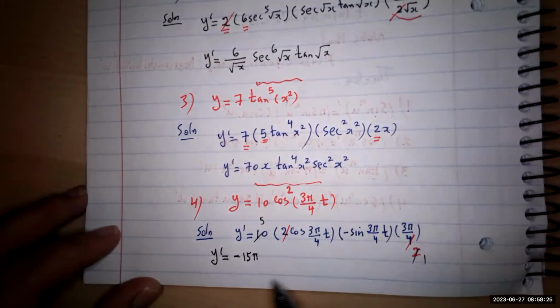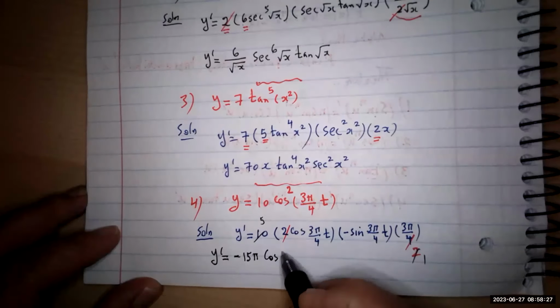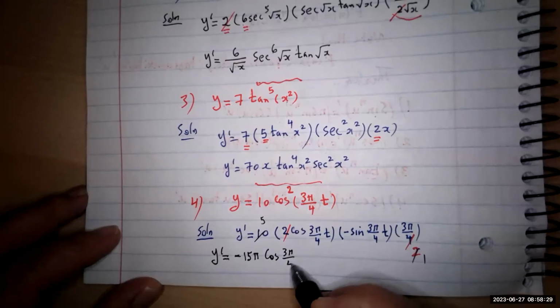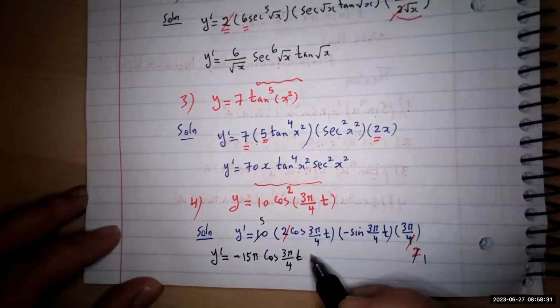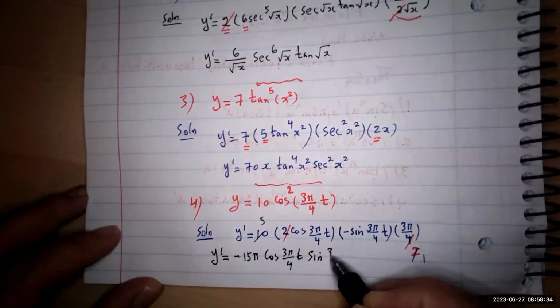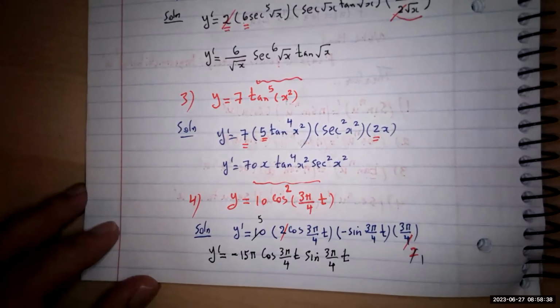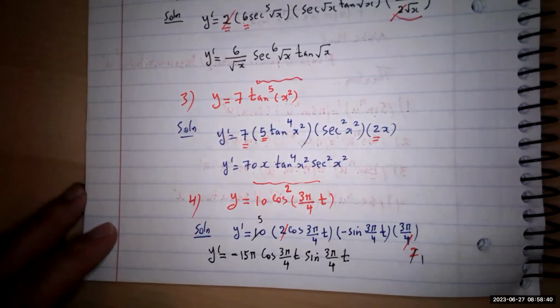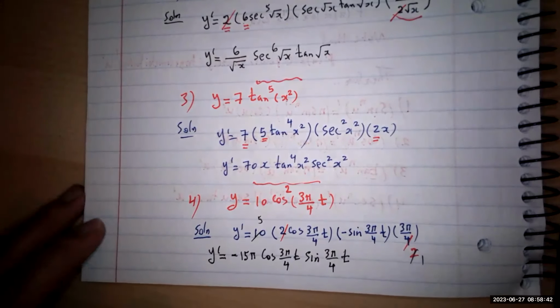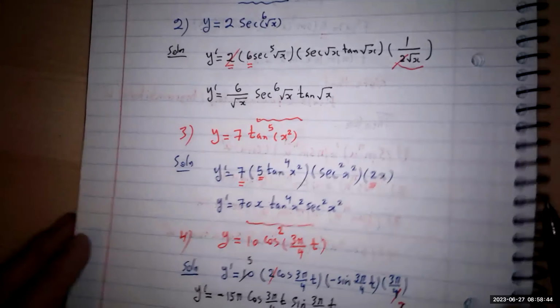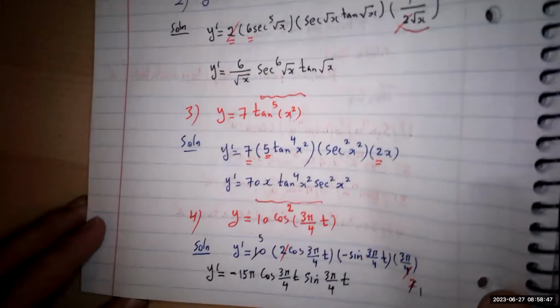Then we have a cosine of 3/4 t times that by sine of the 3/4 t. That gives you the final answer. Okay, so keep it in order. Don't make it complicated. It's going to be a straightforward problem, really.